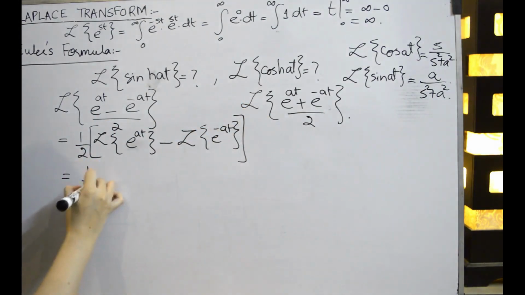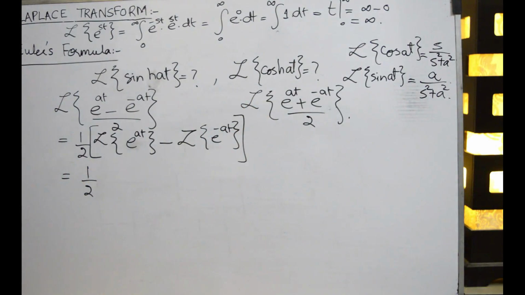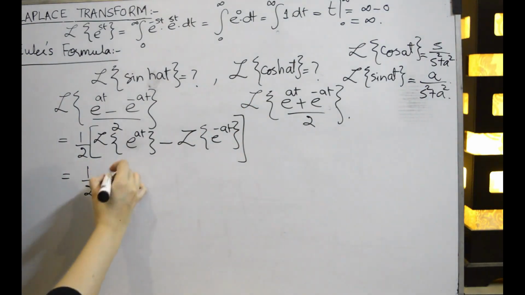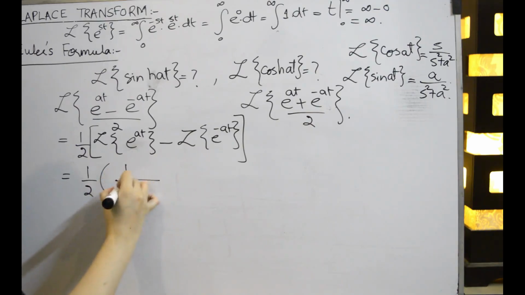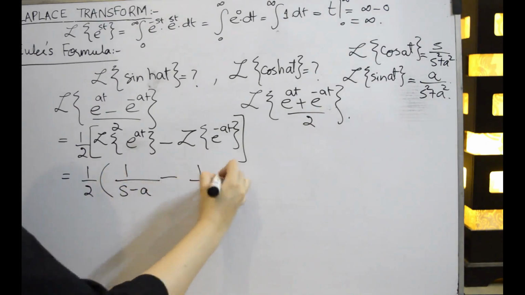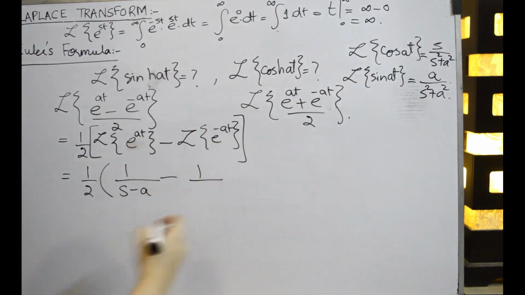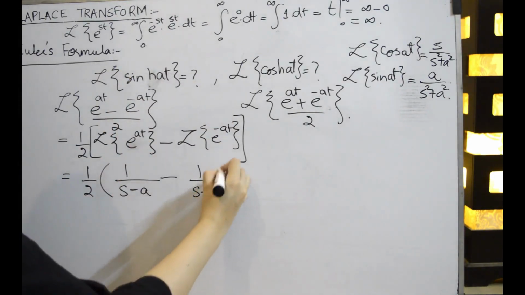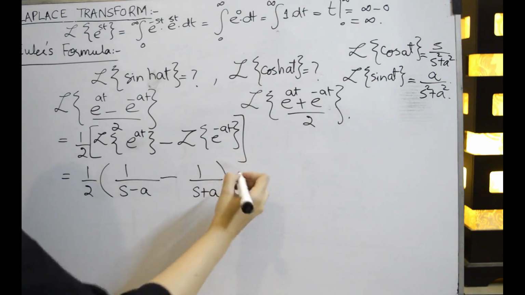You know by the basic formula, the integral of e to the power minus st into e to the power at gives the Laplace transform 1 over s minus a, and the other becomes 1 over s plus a.